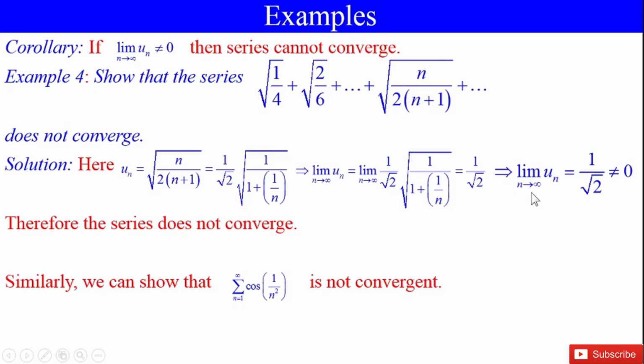Implies that limit n tends to infinity un is equal to 1 by root 2, which is not equal to 0. Therefore, the series does not converge.